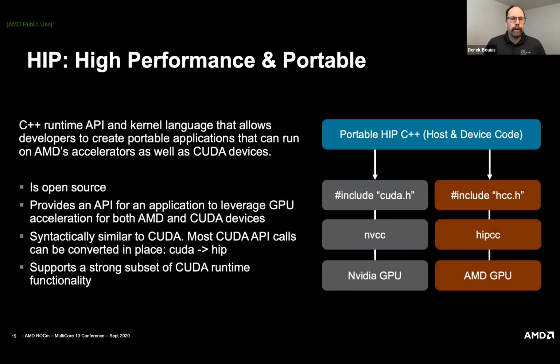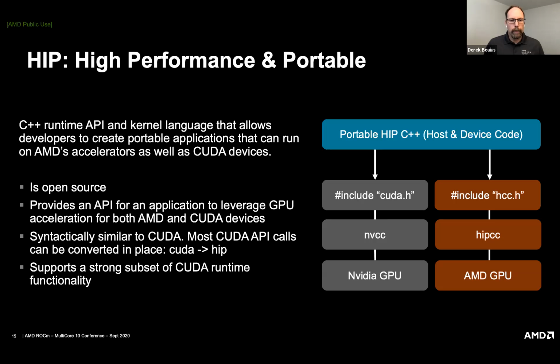And this slide shows a little bit more detail on how that works. It's really just through an interface that's an API, and then includes the appropriate headers, and actually uses the NVIDIA tools to compile the NVIDIA path. So it's fairly straightforward.